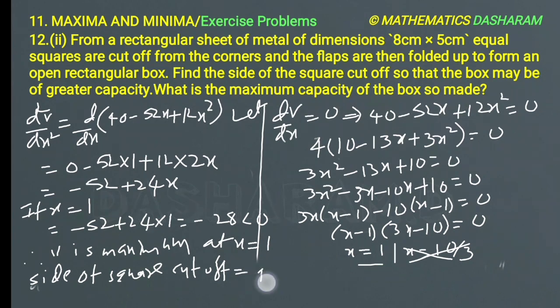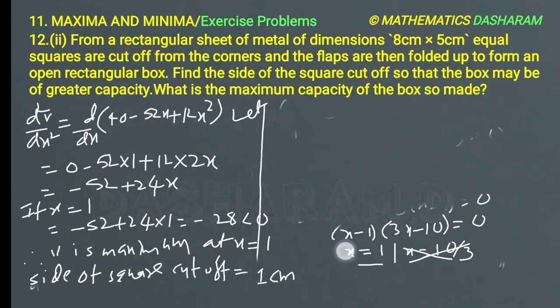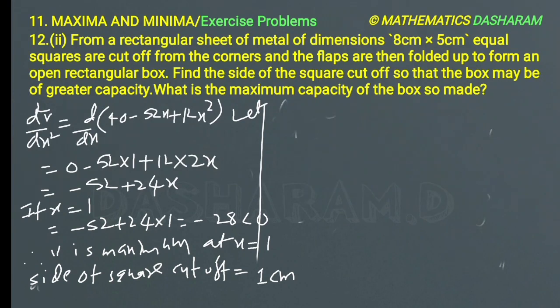And it is asking what is the capacity of the box. So the capacity of the box means we have a volume function, in that substitute the x value. V equals 40x minus 26x square plus 4x cube.